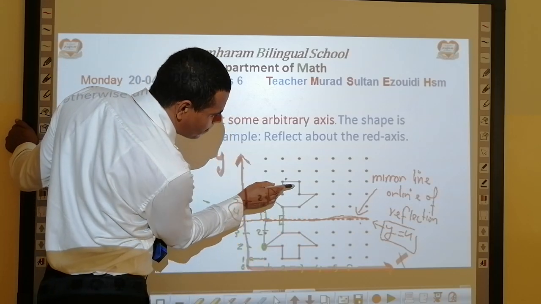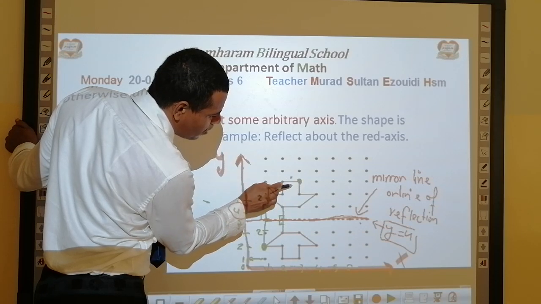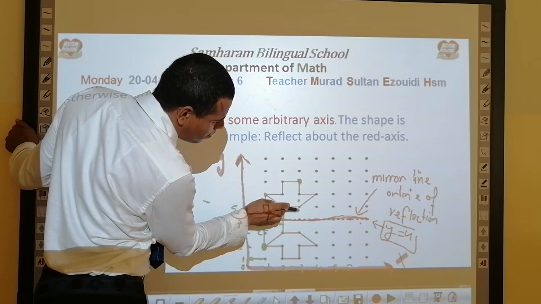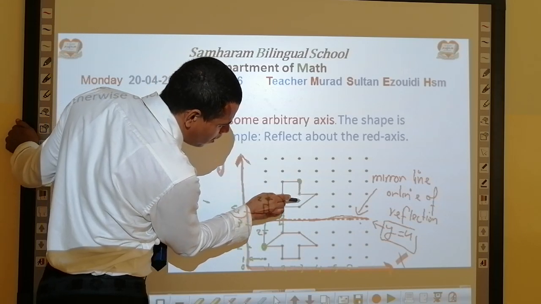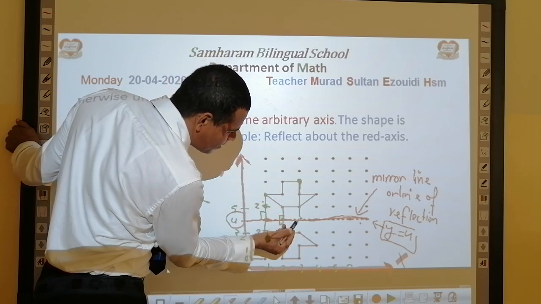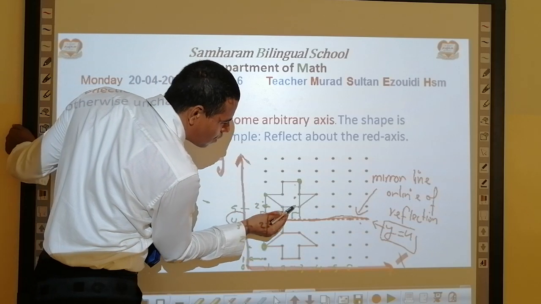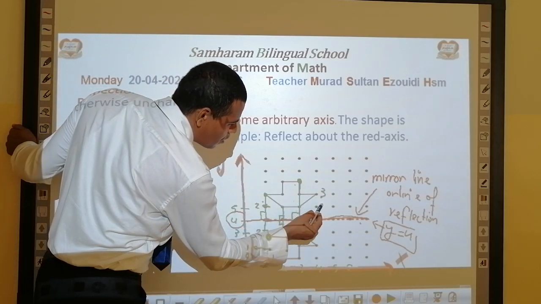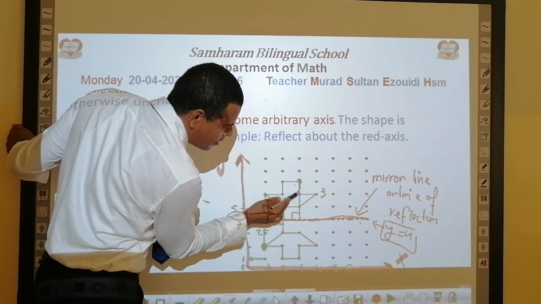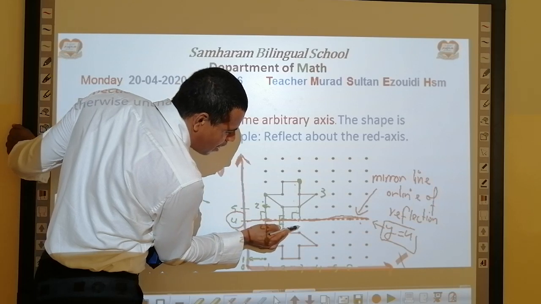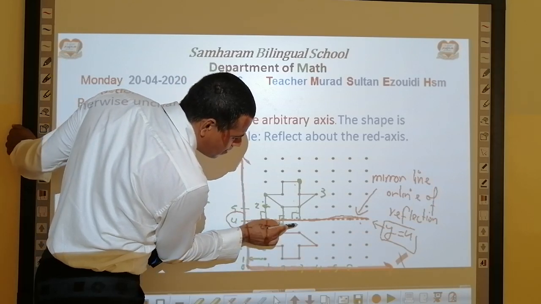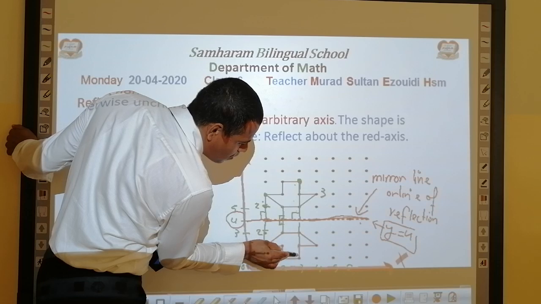Okay? For example, this point. How many units to the mirror line? 1, 2, 3. So we should draw a perpendicular line segment. And how many units do you get? 3. You should also keep the same distance from the line of reflection to the image. Means 1, 2, 3.